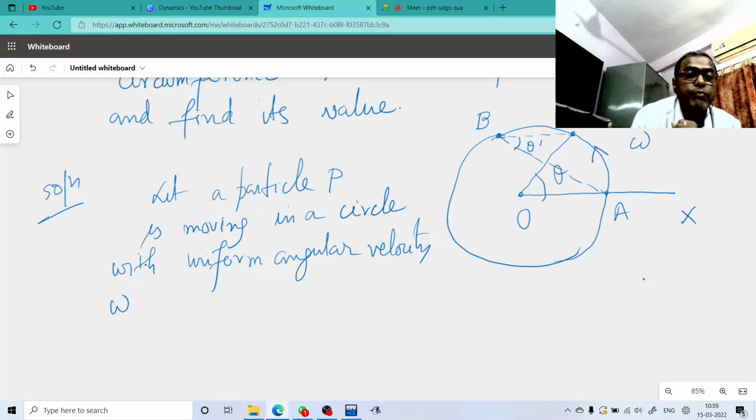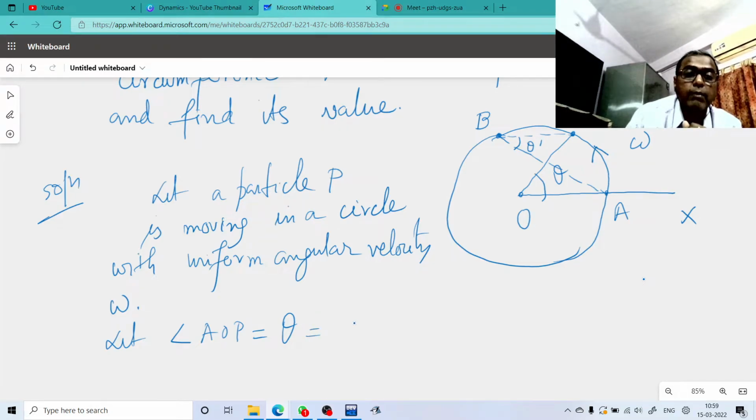Let angle AOP equal to theta. All angles are measured in radian.